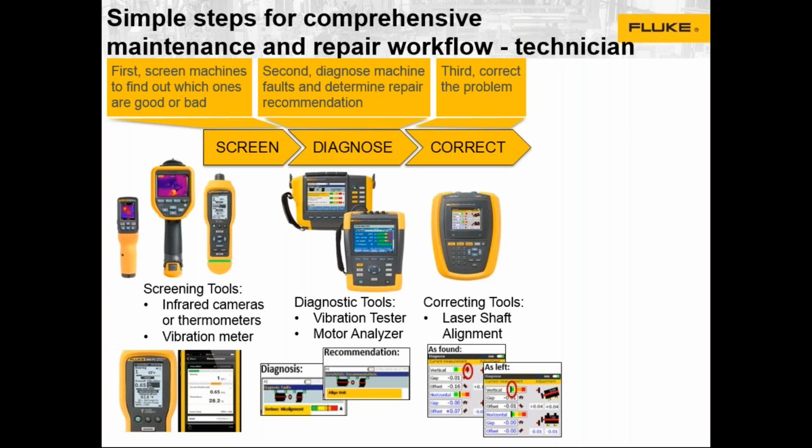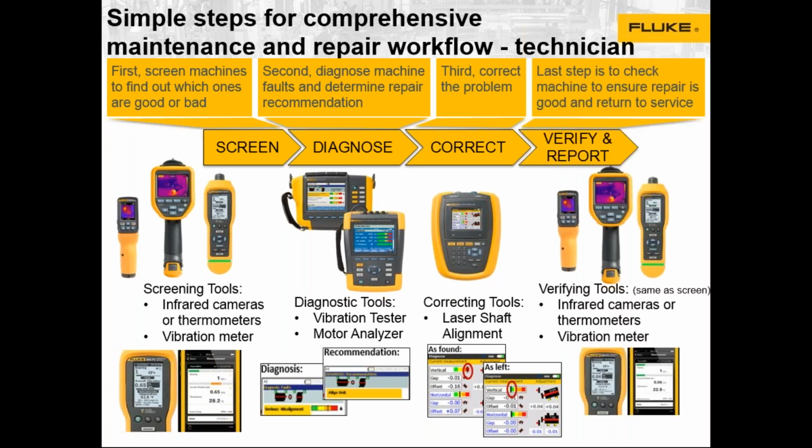And today's laser shaft alignment tools will help us step by step. You see the as found condition on the left, the alignment is in the red, and then over on the right, we can see that after it was aligned, now it's in the green. So a tool that helps us correct the problem.